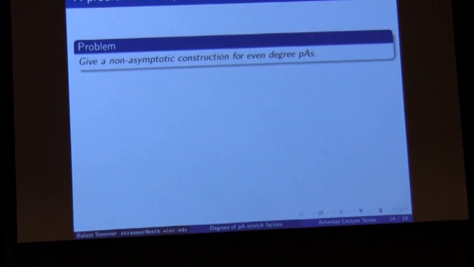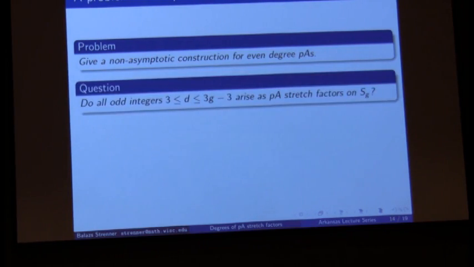And finally, I'd like to finish with one problem and one question. First of all, it would be interesting to have a non-asymptotic construction for these maps. At many places in this argument, we have to choose a large enough k. So some concrete examples would be nice.